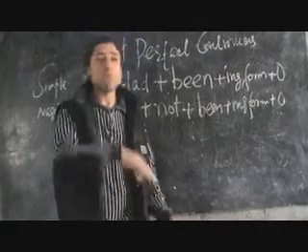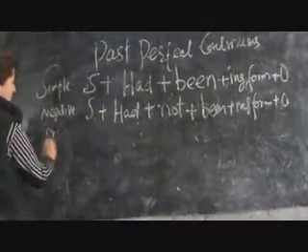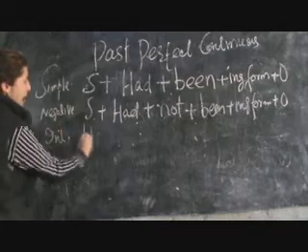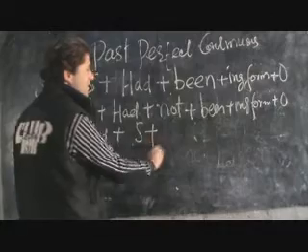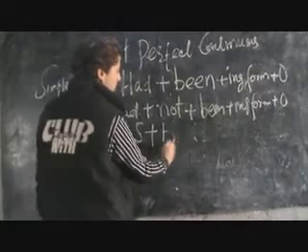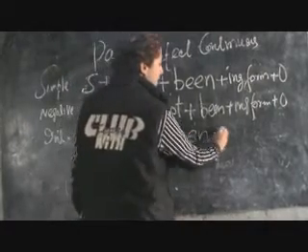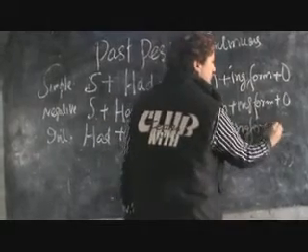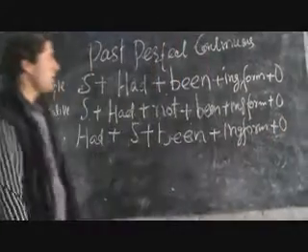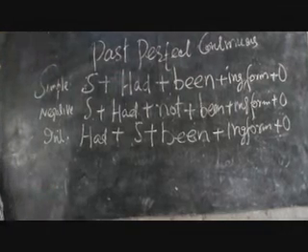But here for the learning process, you can take out had in the interrogative and write had, then subject, and then been, and then inform, and then object. So dear students, now the last one is interrogative negative.